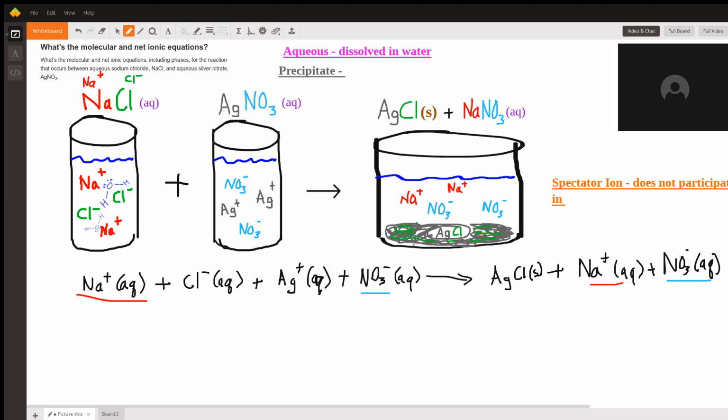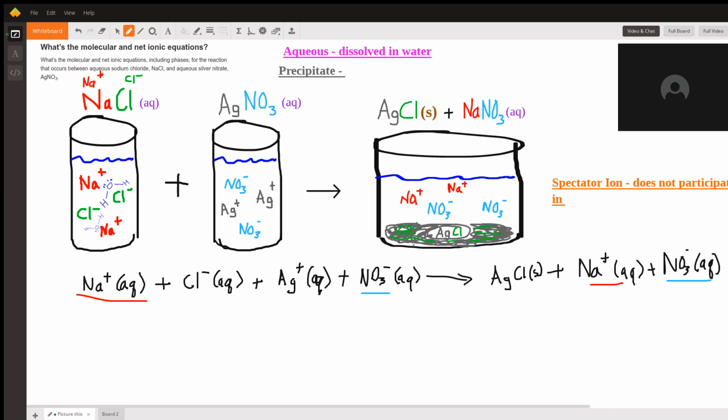These two actually react with one another to form, let's make the arrow green, silver chloride as a solid.